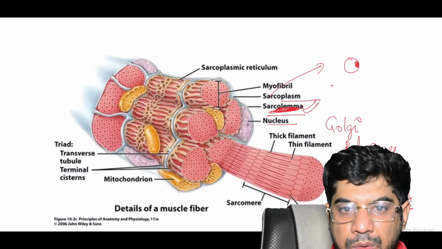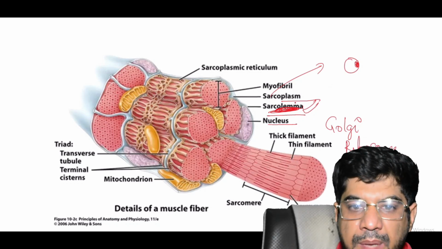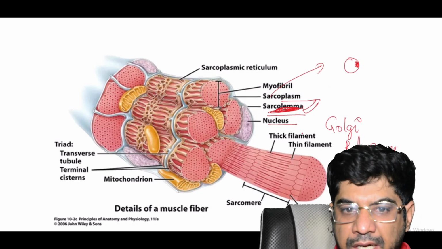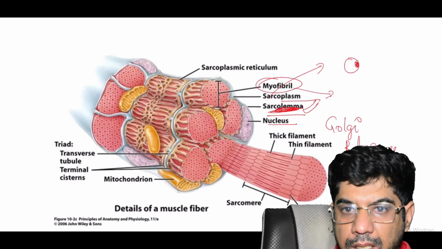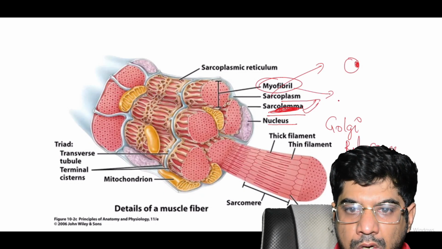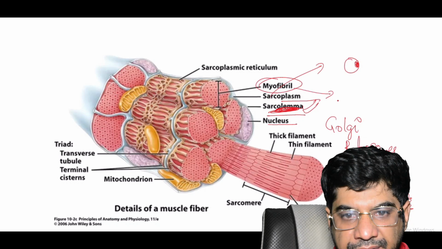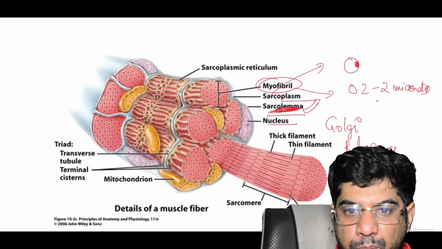Now let us discuss the myofibrils. Myofibrils are the fine parallel filaments that are present in the sarcoplasm of the muscle cells. They run across the entire length of the muscle fiber, and their diameter ranges from 0.2 to 2 micrometers.